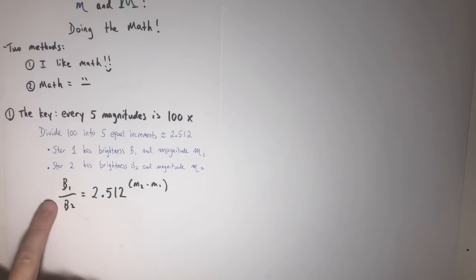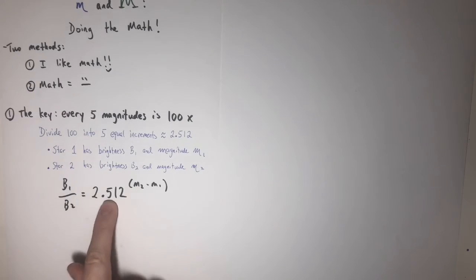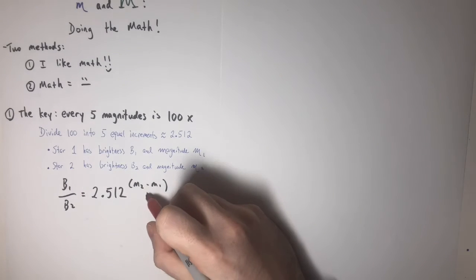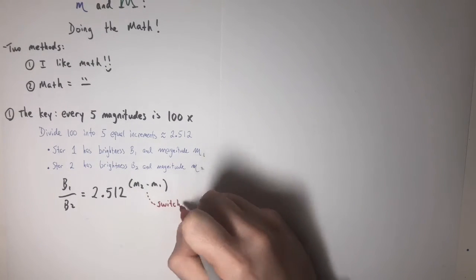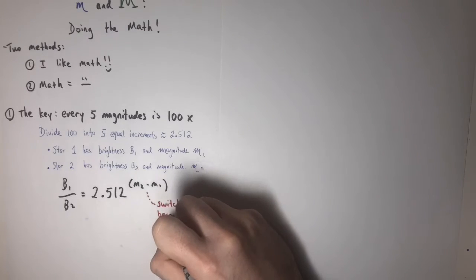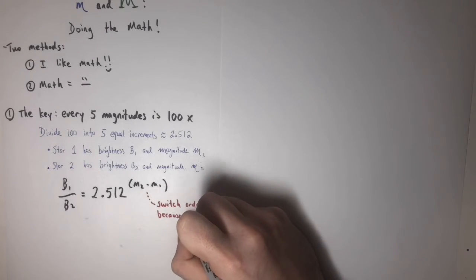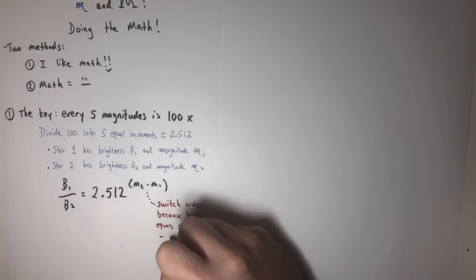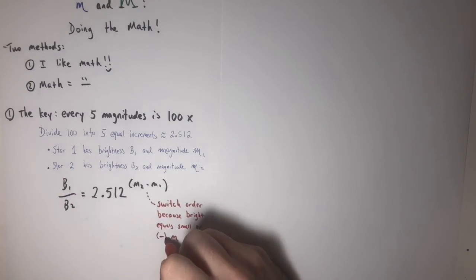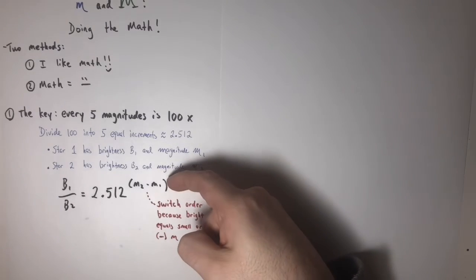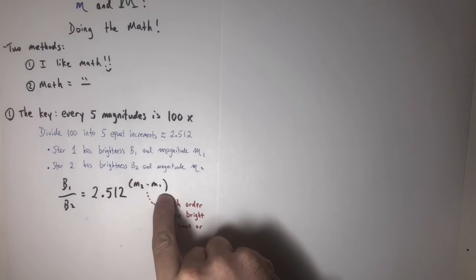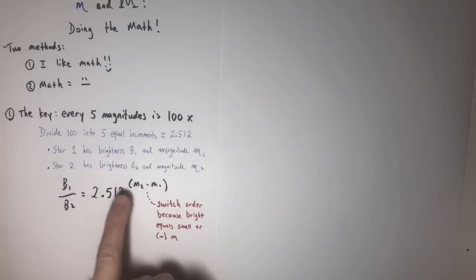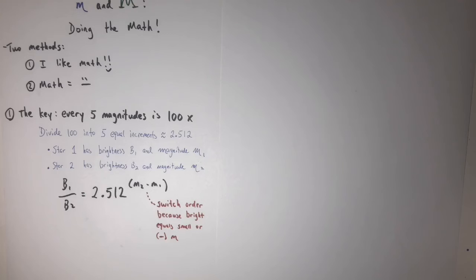The difference in their two brightnesses, expressed as a ratio, is 2.512 to the power of the difference in their magnitudes. The only thing to point out here is that we have to switch the order of m2 and m1 here because bright equals a small magnitude, so that keeps these ratios consistent with each other.